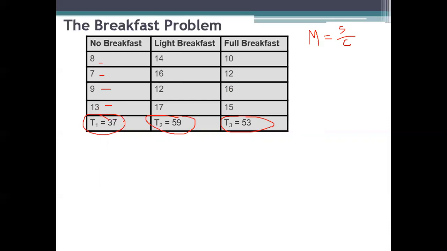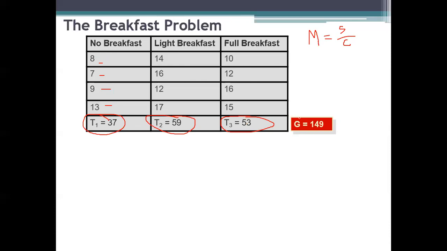So to get the mean for all these three groups, we must add all the values that have been given and divide by the number of values. So for full breakfast, how to get the mean of 53? 10 plus 12 plus 16 plus 15, divided by 4, then we get 53.